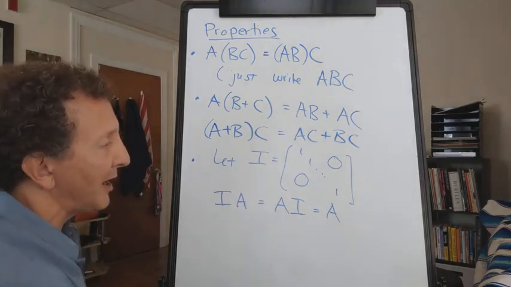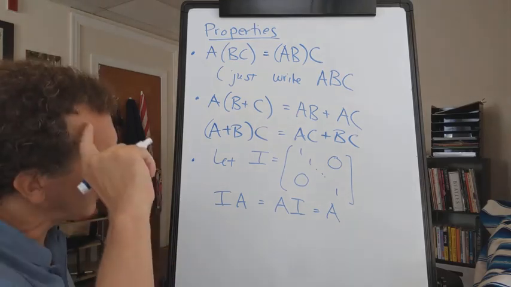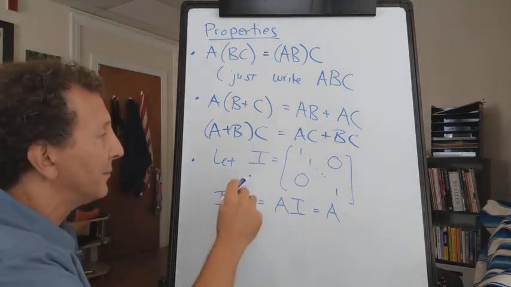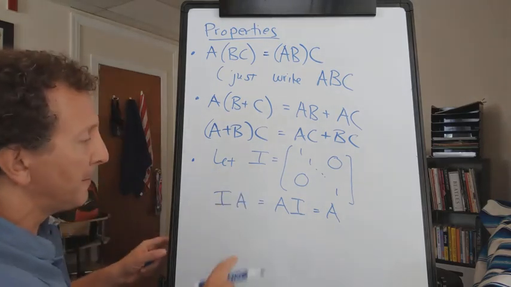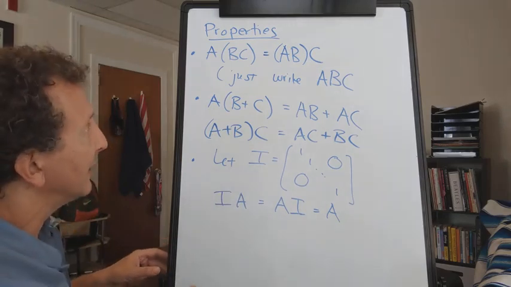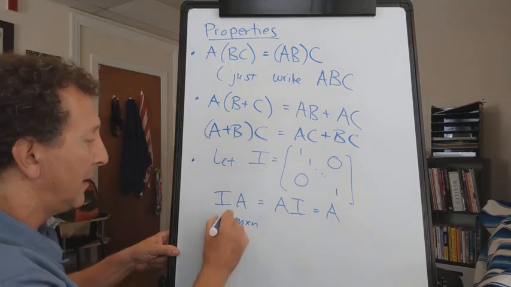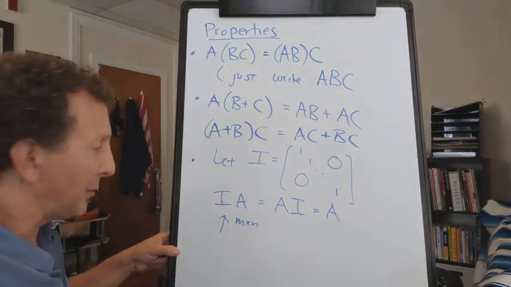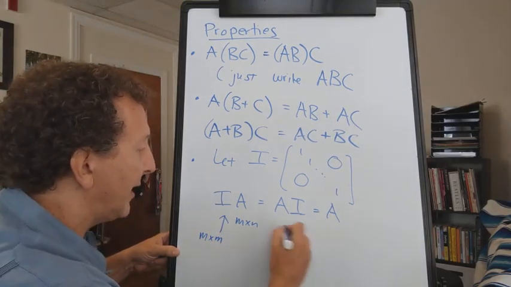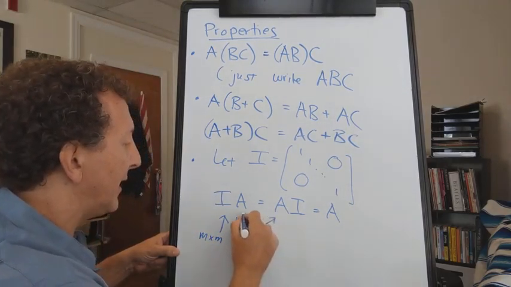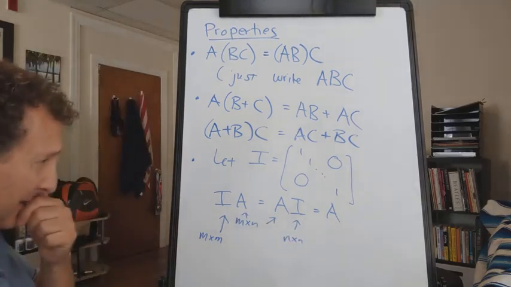Now we write capital I for the identity matrix of size 1 by 1, 2 by 2, 3 by 3, 4 by 4, which maybe is an abusive notation because we're using the same letter every time. So for this to be defined, let's say A is m by n. I really want this identity matrix to be the m by m identity matrix. And I want this identity matrix to be the n by n identity matrix.